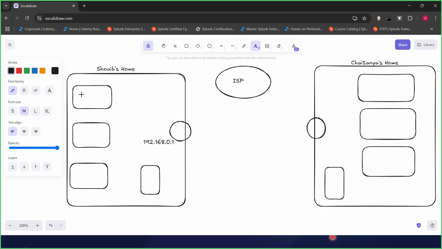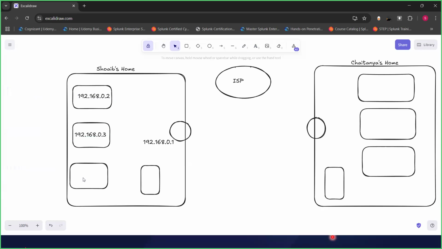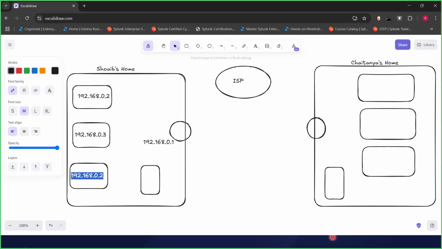My laptop, let's say this PC is 02, or to elaborate, 192.168.0.2. And let's say this is 03 here. This is 04 here. And let's say this is 05 here.